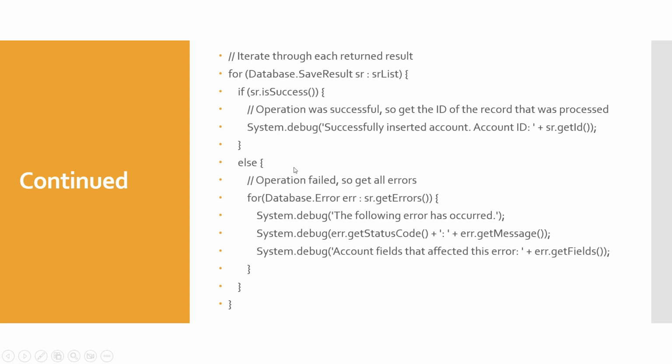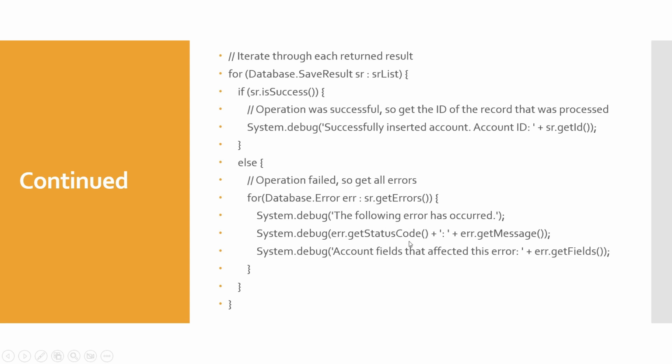In case of error, the operation failed, so we get all errors through this loop. Database.Error is a different class in the database class. We are calling sr.getErrors and storing it into this variable error, and System.debug prints 'The following error has occurred' in the debug log.